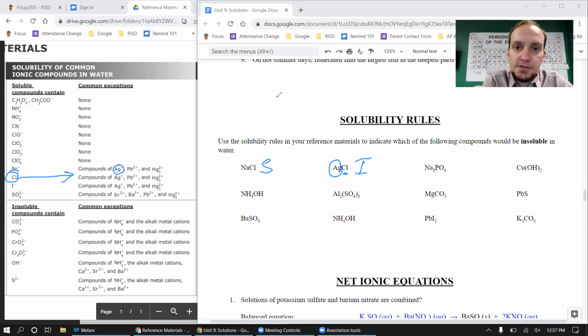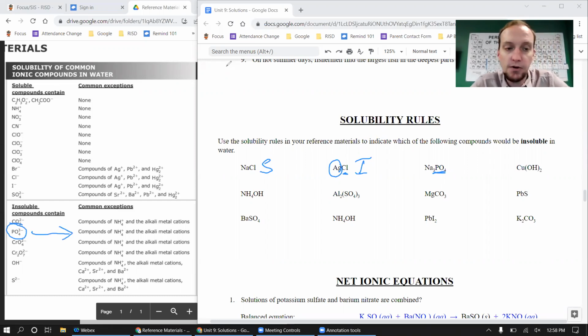All right, the next one is going to be sodium phosphate. So I'm going to look at the right side of the compound. In this case, phosphate. I'm starting at the top. I'm going to scan down all the way until I find phosphate. There it is. It's in the bottom section, the insoluble section. I'm going to look at what exceptions it has. It should be insoluble.